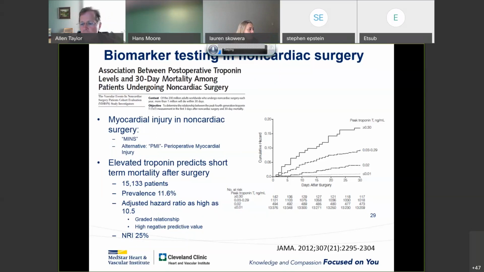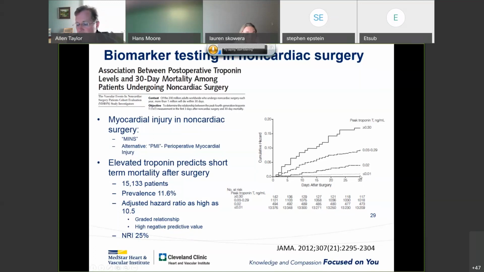And you see here on the right graph that, in fact, there was a graded relationship. That is, the higher the troponin, less than 0.01, 0.02, 0.03 to 0.3, or greater than 0.3, the higher the risk. I'll point out there was a very high negative predictive value. That is, in the 88% of patients without an elevated troponin, the risk for an event was exceedingly low.